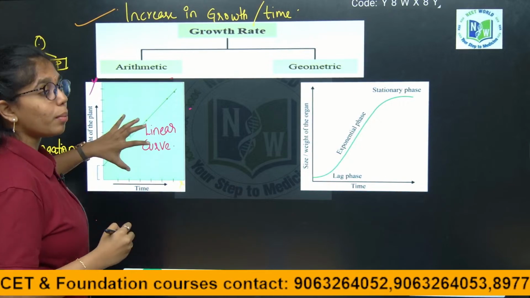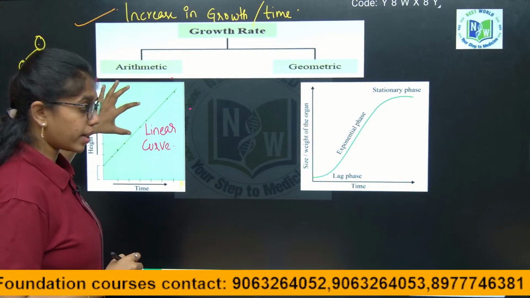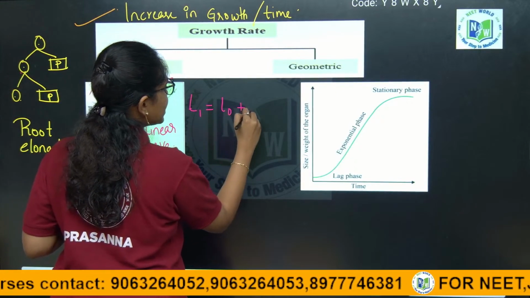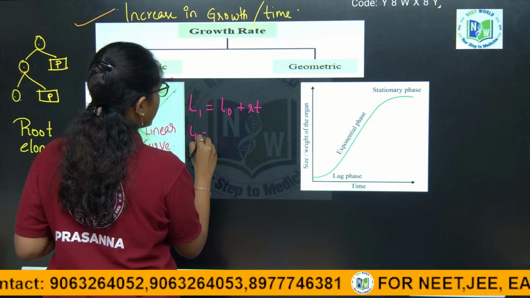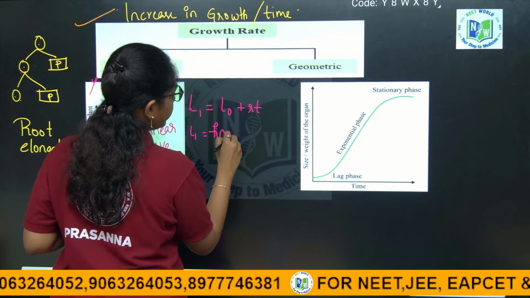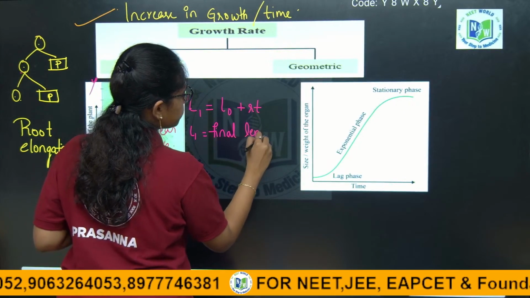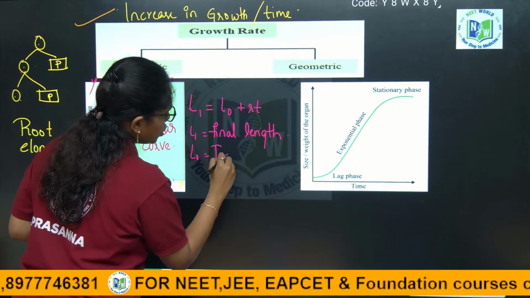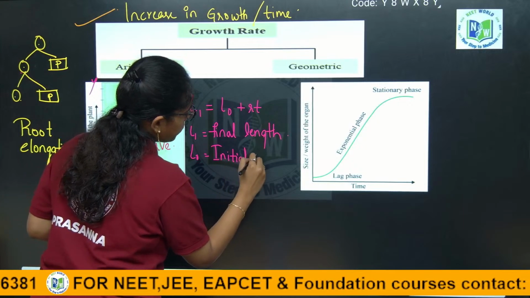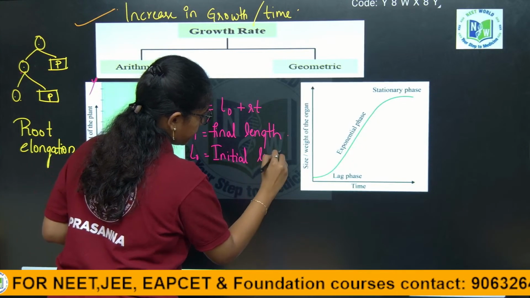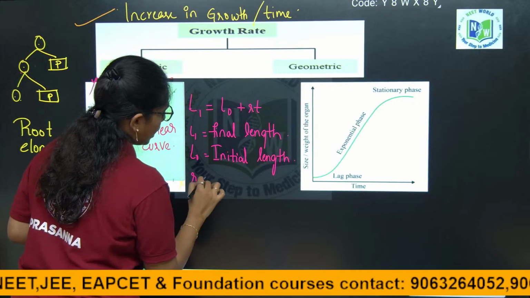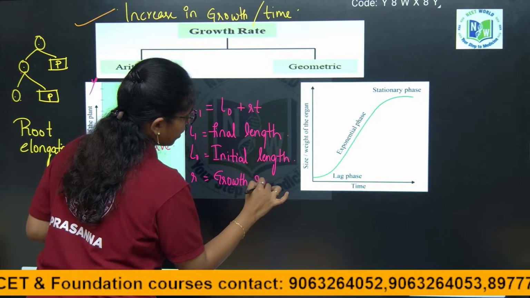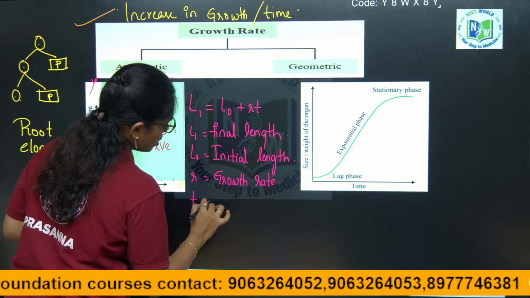The formula to calculate arithmetic growth rate is L1 = L0 + RT, where L1 is the final length, L0 is the initial length, R is the growth rate and T is time.